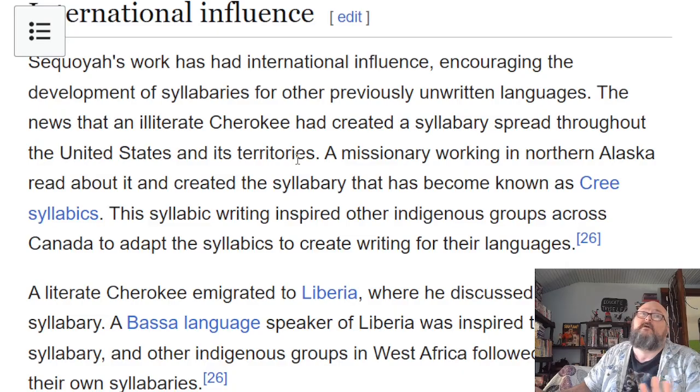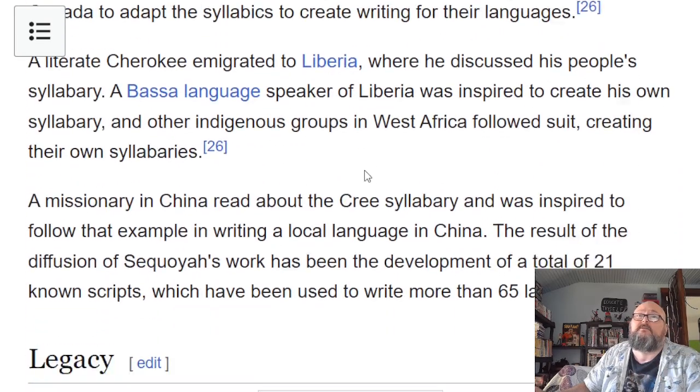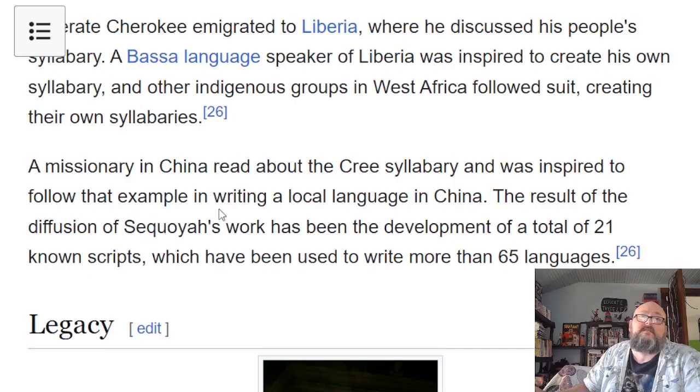Possibly. It may be one they developed on their own. I don't know. They followed the example, writing in a local language in China. The result of the diffusion of Sequoyah's work has been the development of 21 known written languages, which have been used to write more than 65 different spoken languages. So 21 written languages for more than 65 total languages spoken.